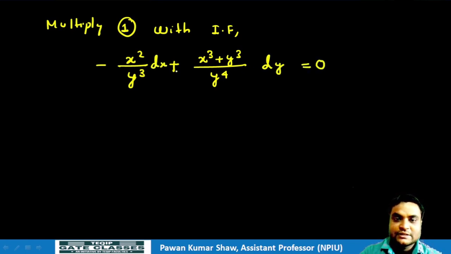Now the revised differential equation is this one, that is our after multiplying with our integrating factor. Now you can check that you can assume that this is like our m and this is like our n.